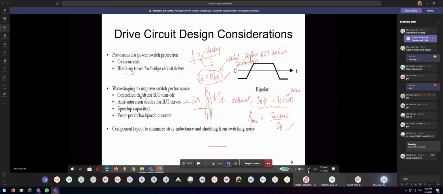So normally it's like this: here is the saturation, above it we use forced beta, and below it is the normal beta, beta equals IC over IB. Here it is IC saturation over IB.